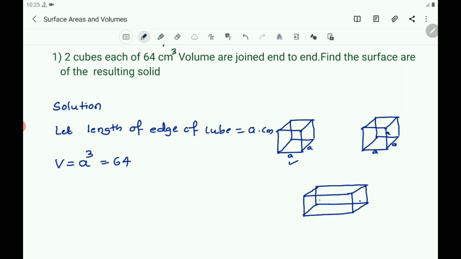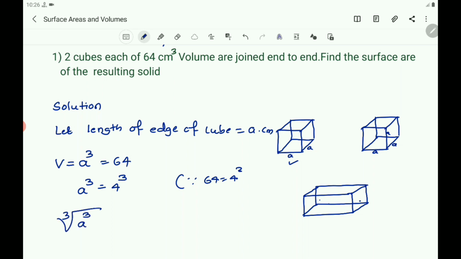Now you know that A cube equals 64 is a cube of 4. You know that 64 equals 4 cube, 4 into 4 into 4. Then take the cube root on both sides.